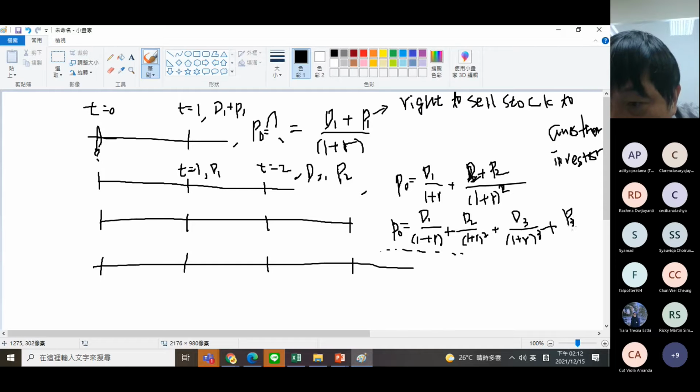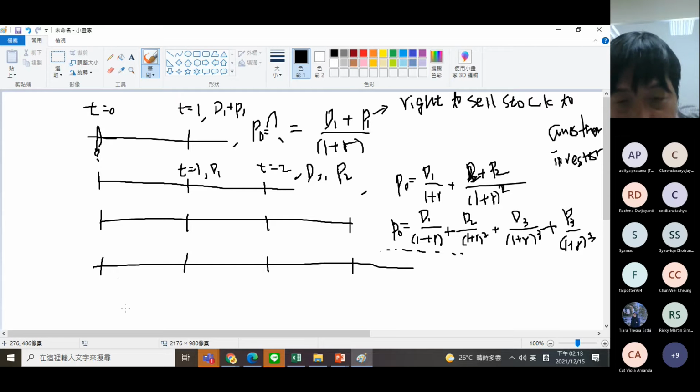Also you can sell it to another investor. Another investor gets your stock and will pay you P3.